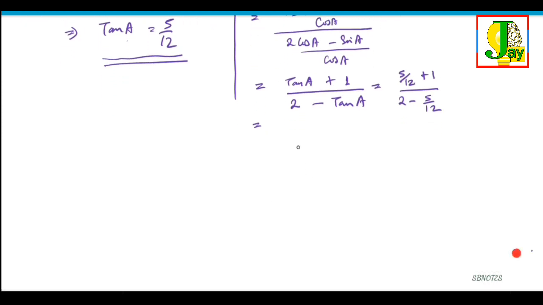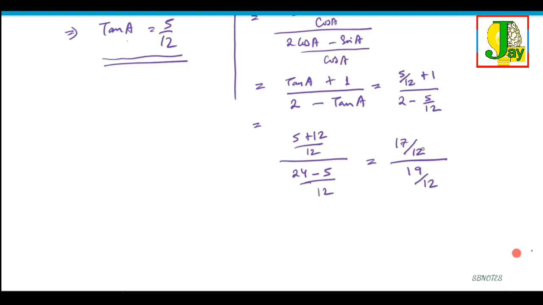Taking LCM in the numerator, you have 5 plus 12, you get 17 by 12, divided by 24 minus 5, which is 19 by 12.